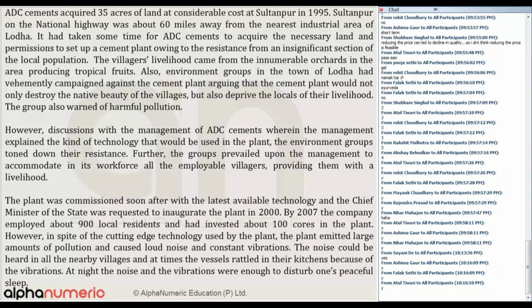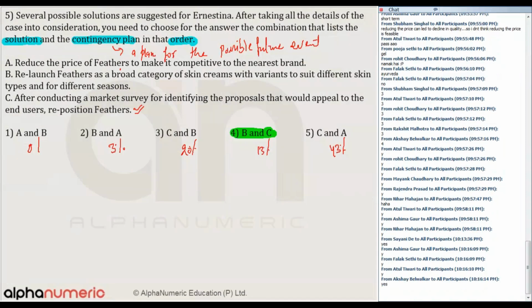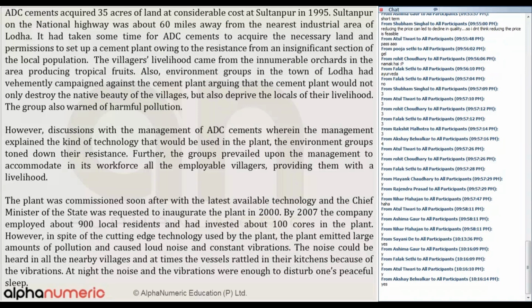Let's start with the discussion now. First of all, let's go through this one. It says ABC Cements acquired 35 acres of land at a considerable cost at Sultanpur on the National Highway in 1995, about 60 miles away from the nearest industrial town.